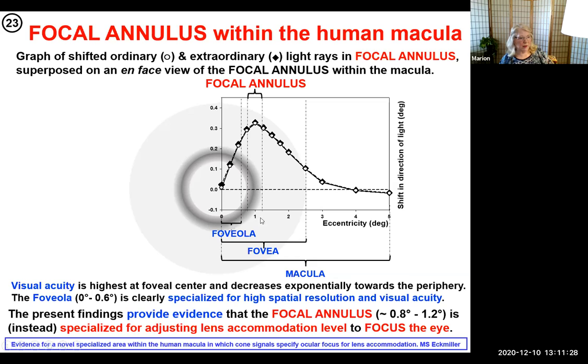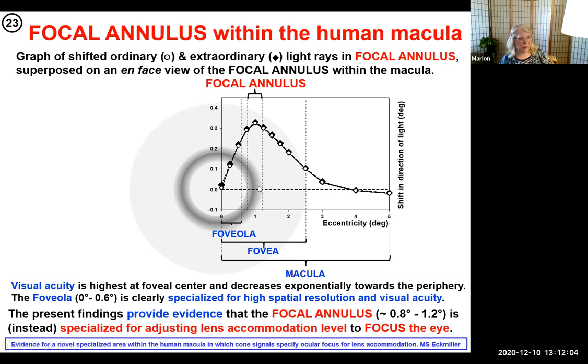Within the fovea, between about eccentricities of 0.8 and 1.2 degrees, is the focal annulus, which does something special. And interior to that, there is the foveola, from about 0.0 to 0.6 degrees eccentricity, which is specialized, the cones there, for high visual acuity, but they don't know how to focus.